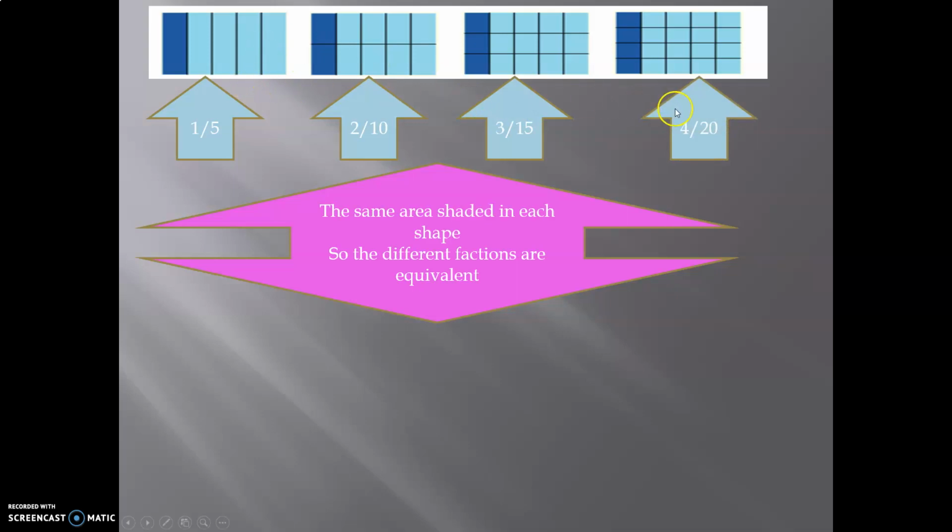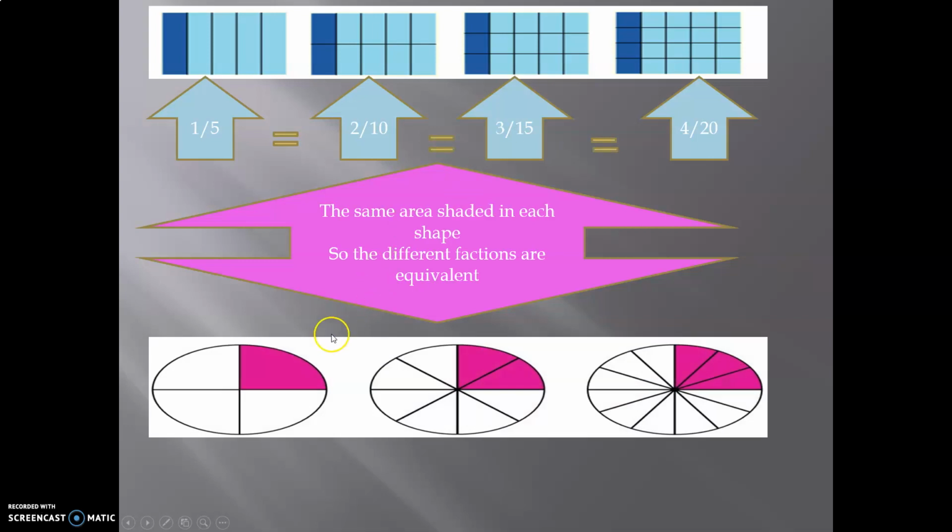Different fractions? Yes, they are different fractions representing the same area. So in this case, we can call them equivalent fractions. Okay, now let's take a look at this example.